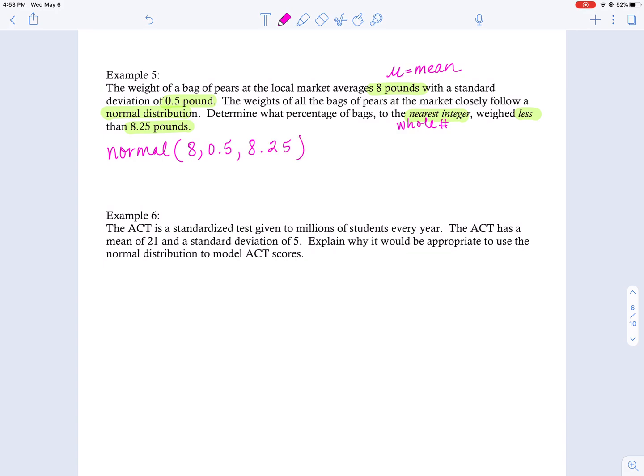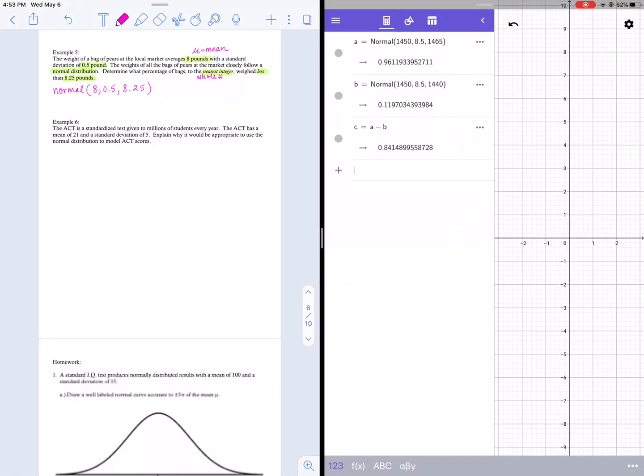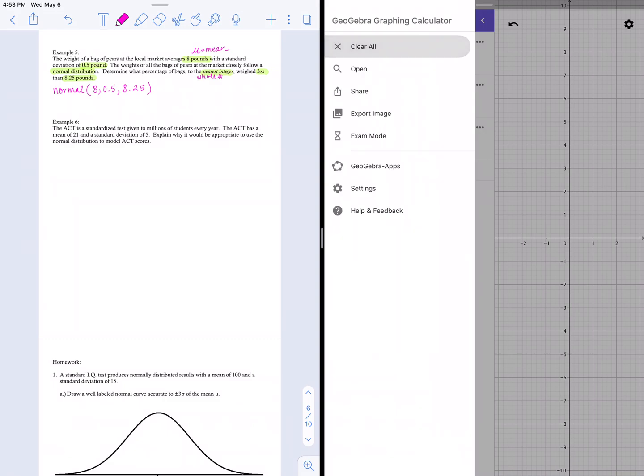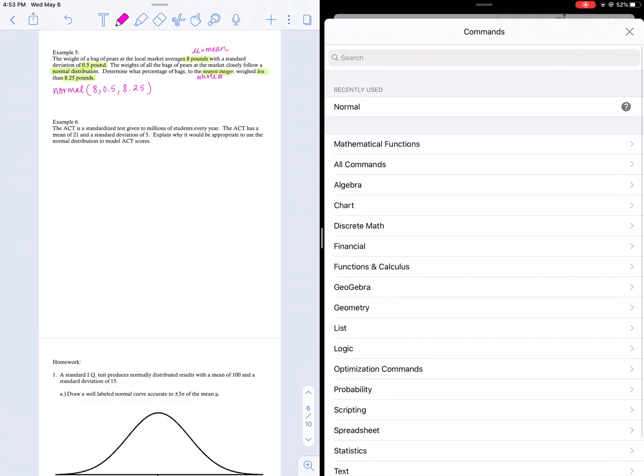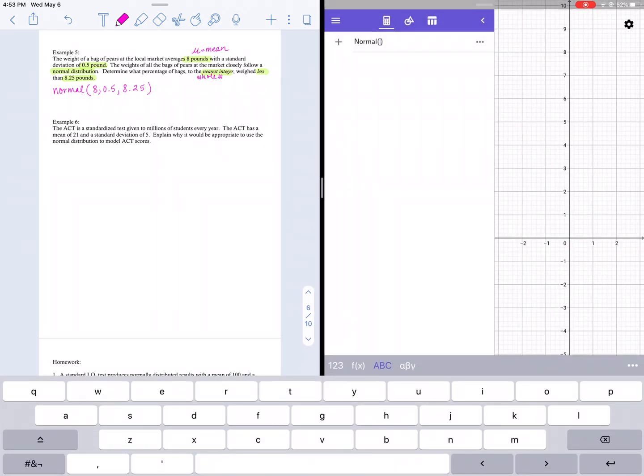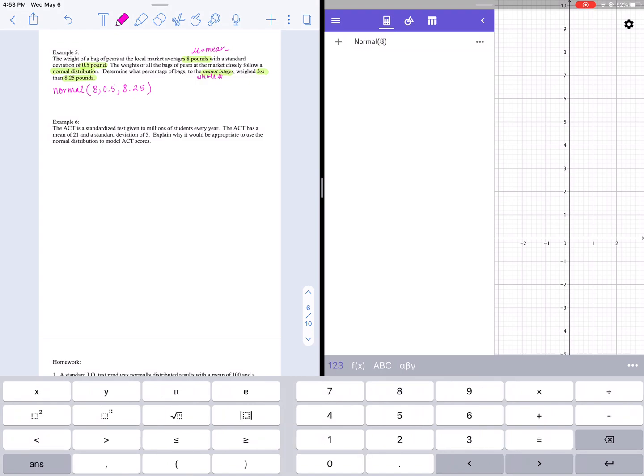So when I go into my calculator, I am going to clear this out and do normal. I'm going to do my 8, my 0.5, and my 8.25. Okay, and there's my number I get.